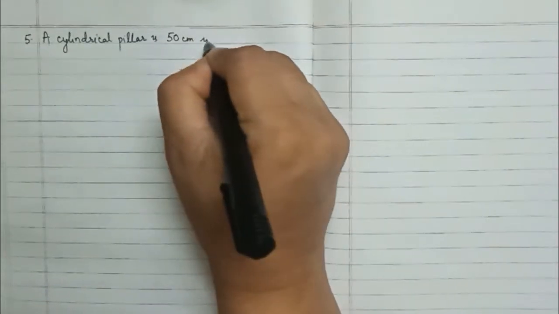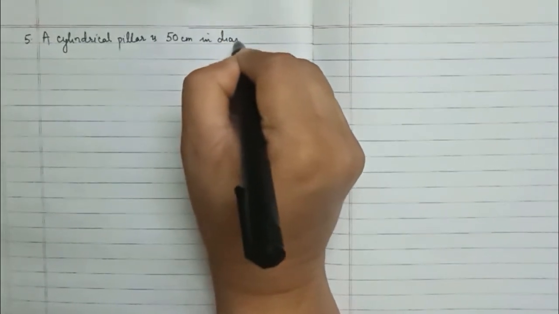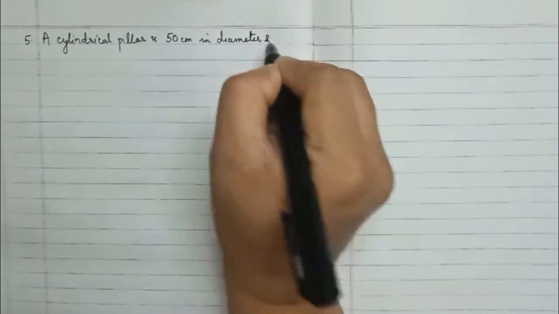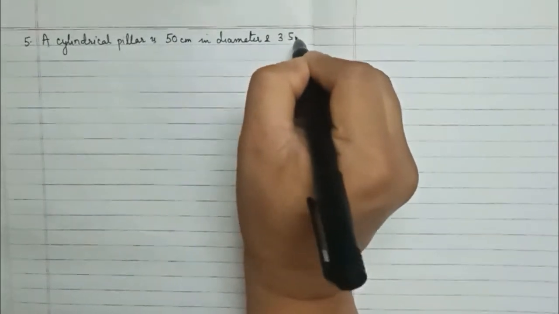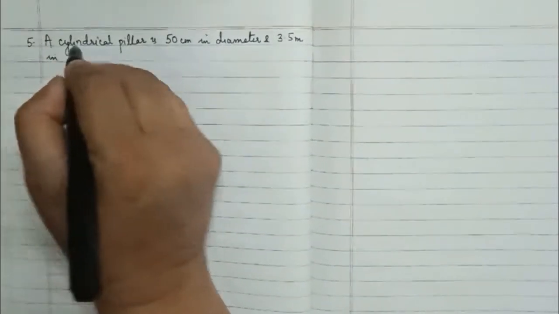Now coming to question number 5. A cylindrical pillar is 50 centimeter in diameter and 3.5 meter in height.